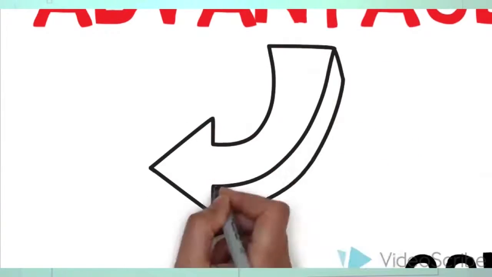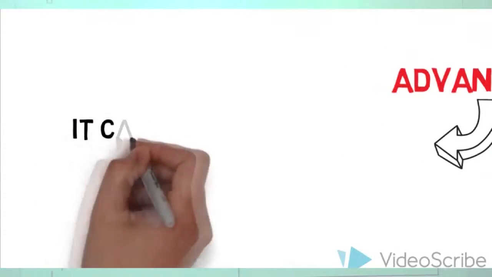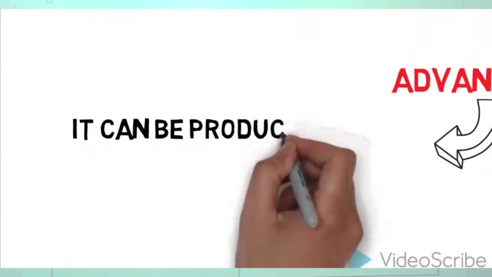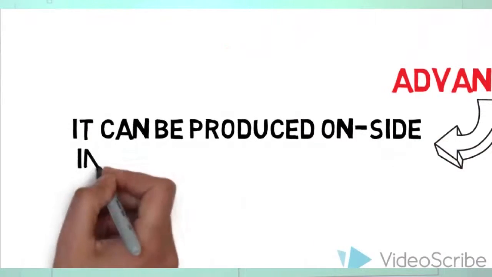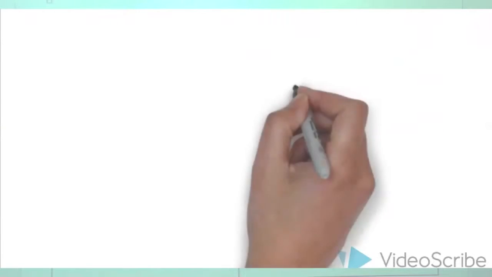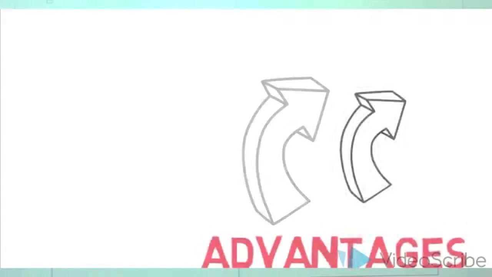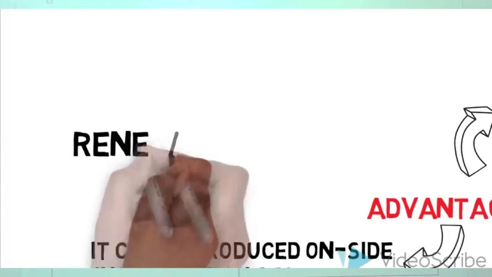The next advantage is that it can be produced on site in local villages. As you remember, bioethanol requires very simple equipment. The next one is a very strong advantage: renewable resources.